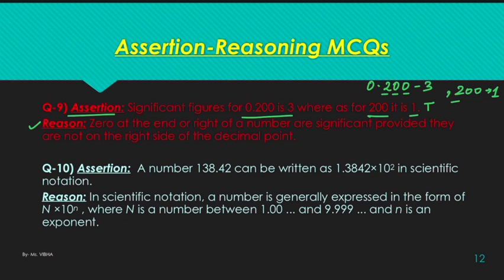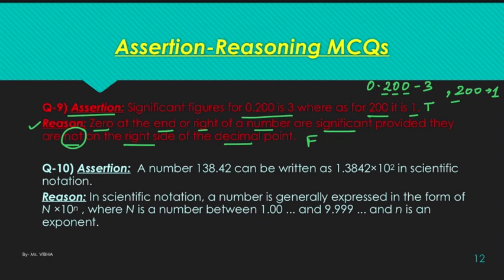Now we have to consider the reason statement. It says that zeros at the end or the right of the number are significant provided they are not on the right hand side of the decimal place. And this statement is false, because they should be on the right hand side of the decimal point, then only will they be considered significant.